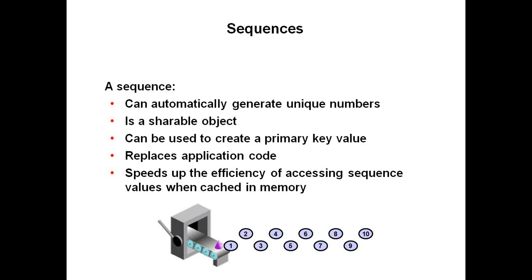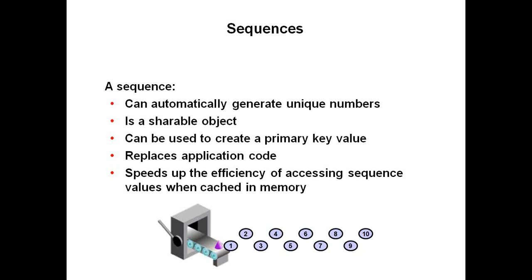A sequence is an automated process to generate unique numbers, and a sequence is a shareable object. That means you can create one sequence and use it in multiple tables. Usually we use that for serial numbers, and when we want to declare the serial number as a primary key value.